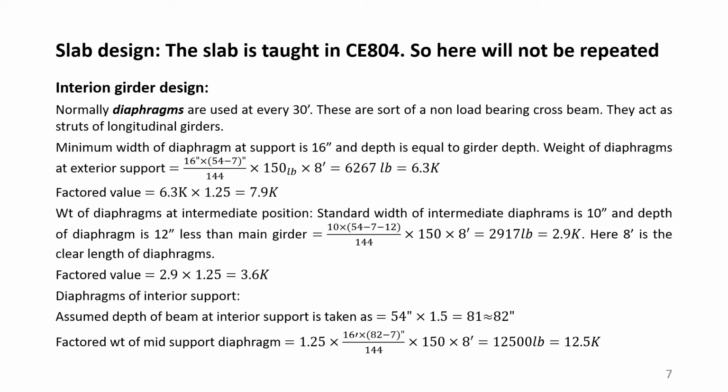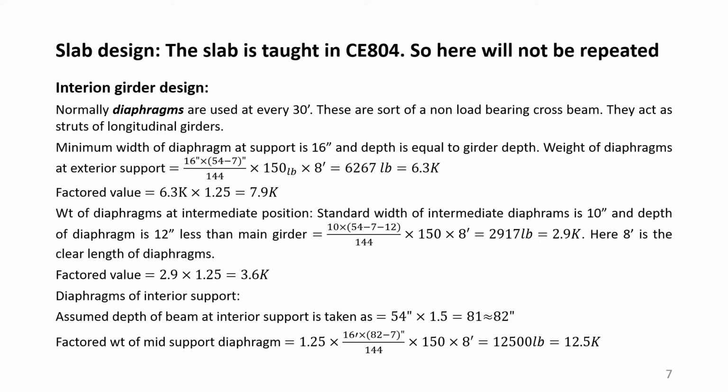And now, here we have to know what the depth of the beam is. We got 16 inch from the specification, and here the depth of the beam is 54 inches, and 54 inch minus 7 inch, where 7 inch is the slab thickness.